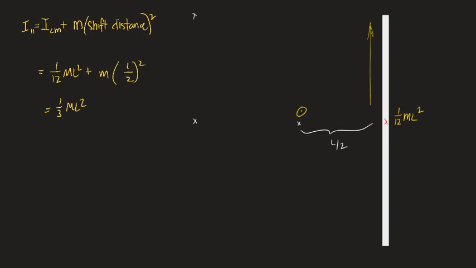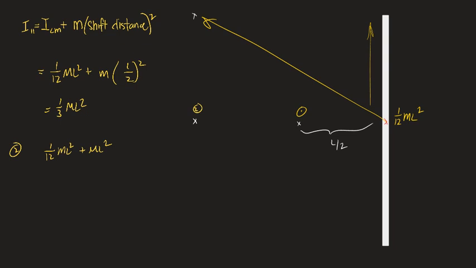So doing number 2, that one's going to be just 1/12 ml squared plus ml squared, because my shift distance is L. So that's number 2. The one that's a little more is for number 3, that's your shift distance. So you'd have to figure that out.